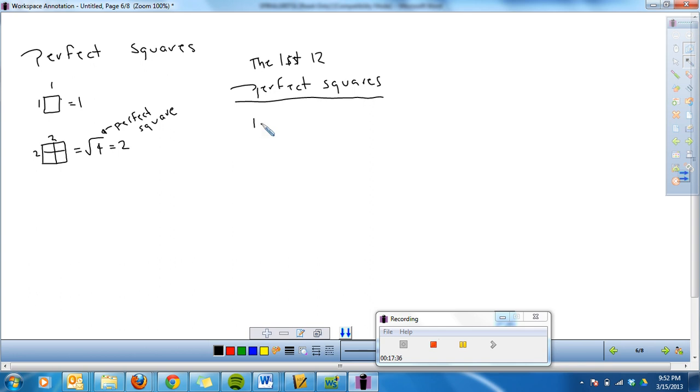So our first, 1 times 1 is going to give us 1. Okay? In this column, this is the perfect square.